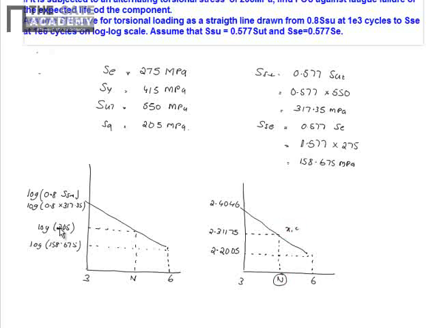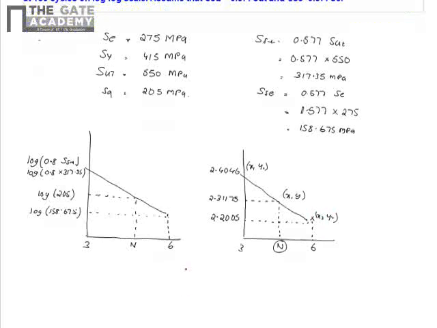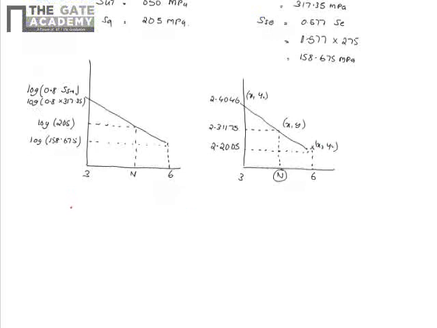This is nothing but x y, this is x1 y1, this coordinate of point is x2 y2. So from the equation of a straight line, we have (y minus y1) by (y2 minus y1) equals (x minus x1) by (x2 minus x1).